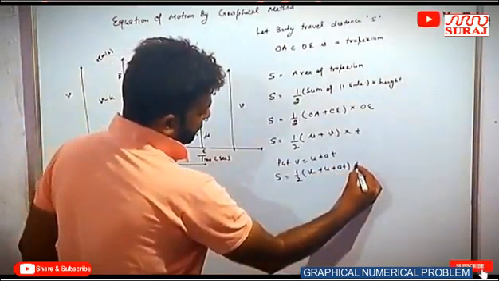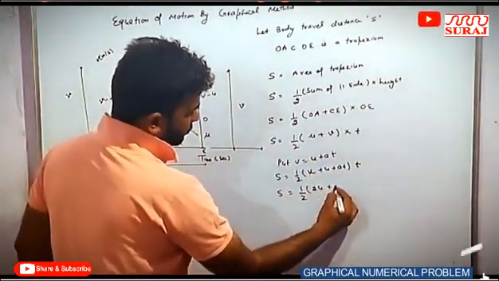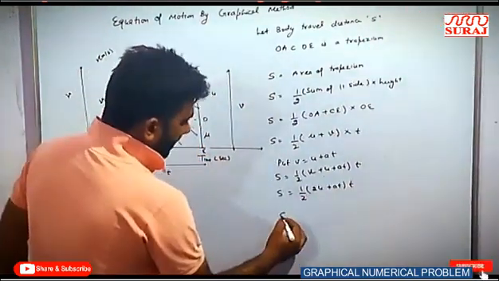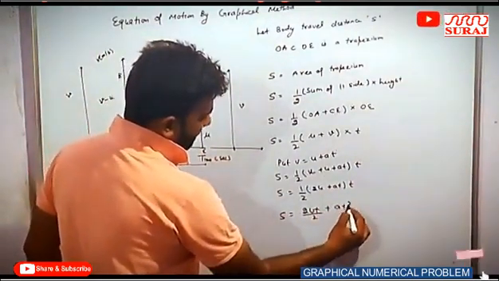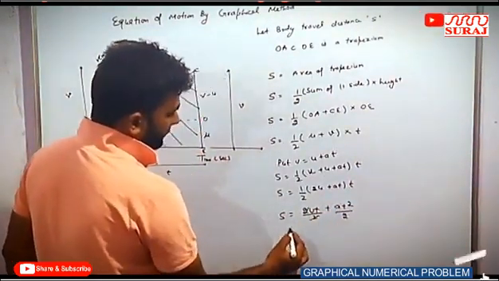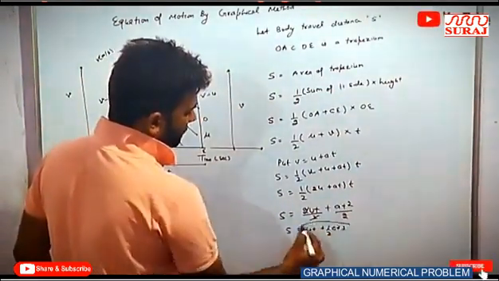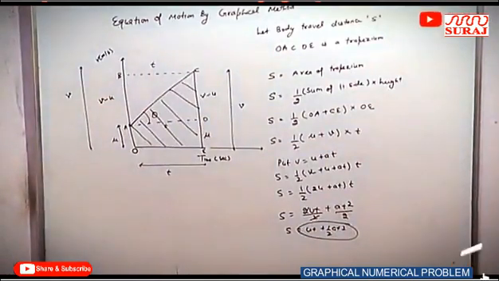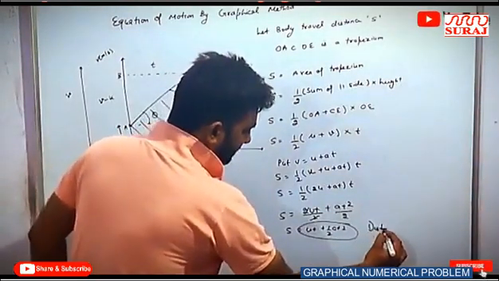Put v is equal to u plus at. So s is equal to 1 by 2 into u plus u plus at into t. So s is equal to 1 by 2 into 2u plus at into t. Now s is equal to 2ut by 2 plus at square by 2. 2 and 2 cancel. s is equal to ut plus half at square.